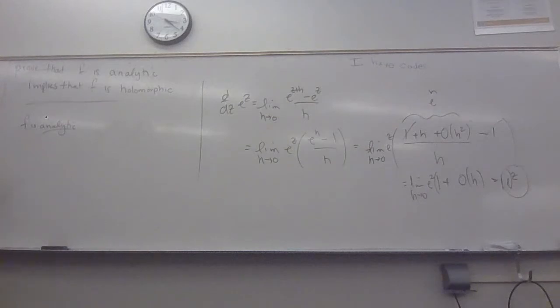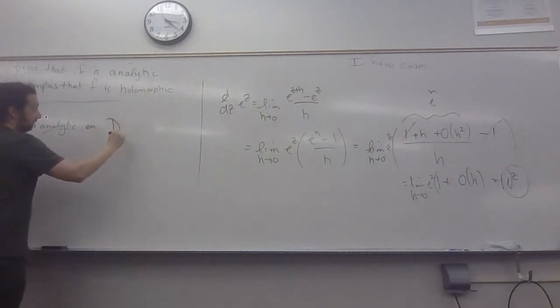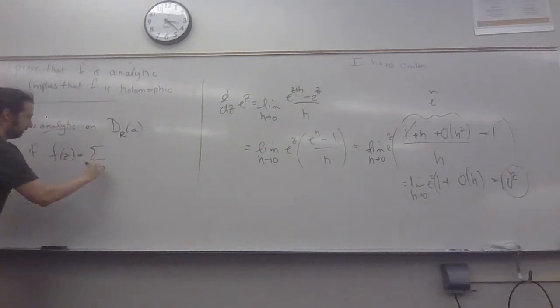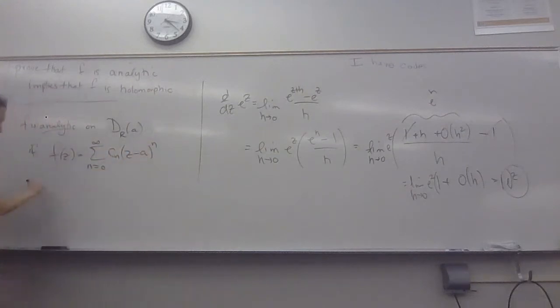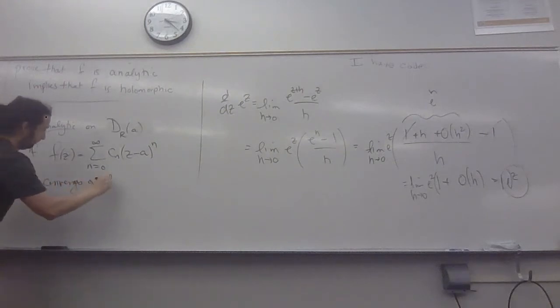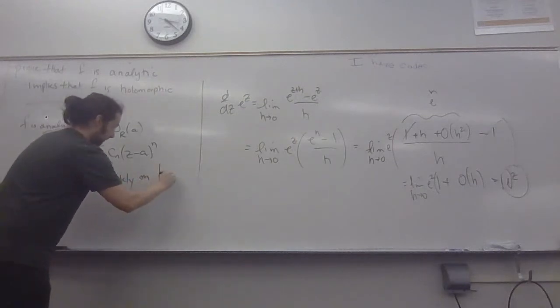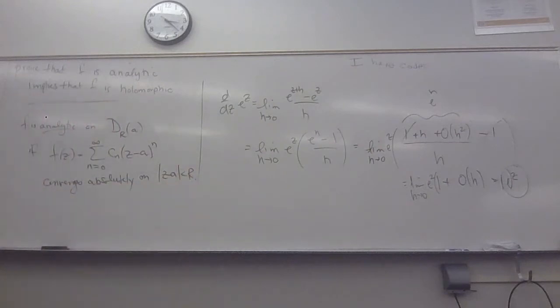F is analytic on some disk of radius r centered at some point a if f of z has a power series expansion that converges absolutely on |z - a| < r.